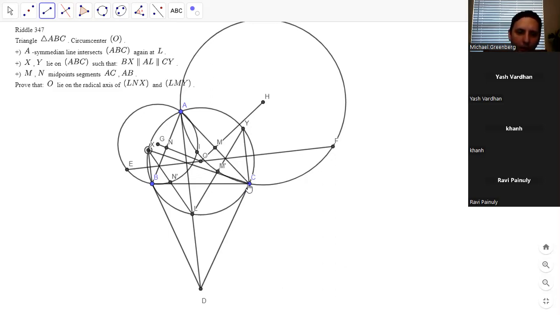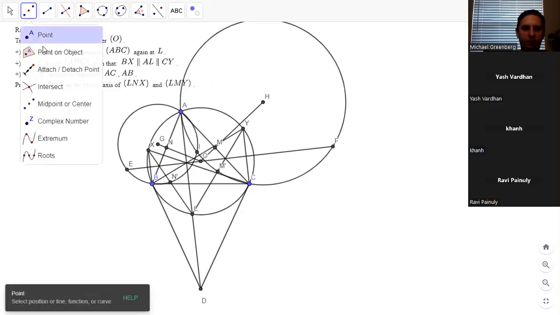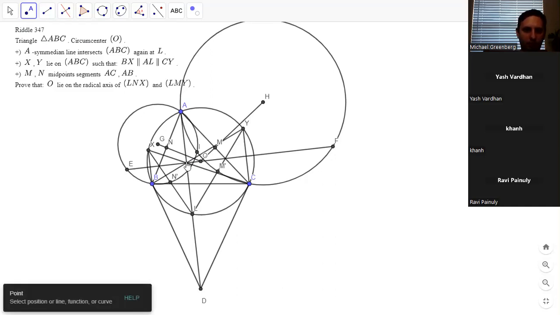By harmonics. So XC and YB. Yes, because the midpoint of the chord, if we take the midpoint of this chord, it's perpendicular to AL. And so yes, that's probably useful.